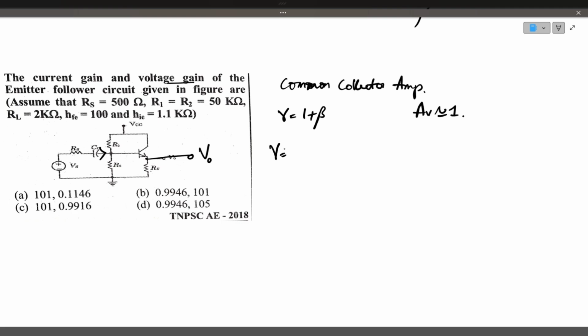So let's find out the current gain, that is 1 plus hFE, which is 1 plus 100, equal to 101. Whereas the voltage gain will be approximately equal to 1. So the options, if you observe carefully, option C will be the answer because it is 101, 0.9 and 16.